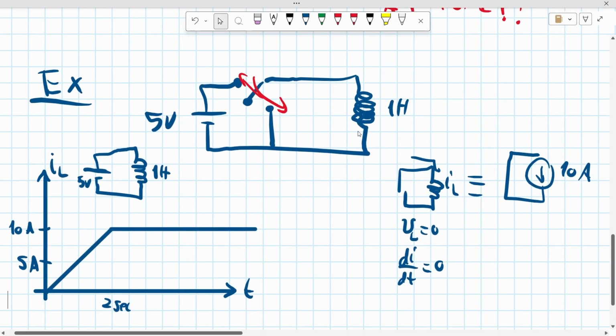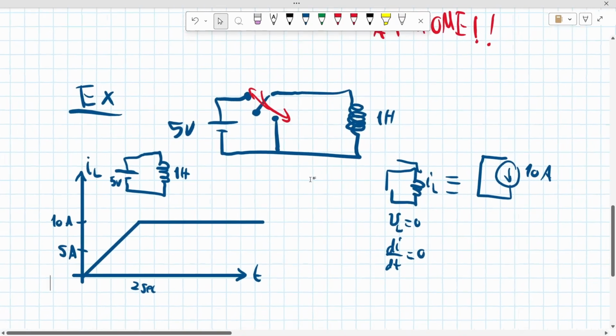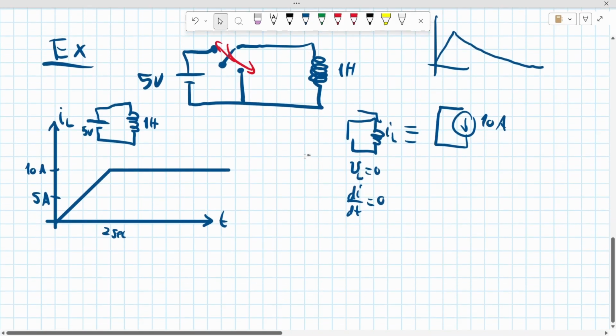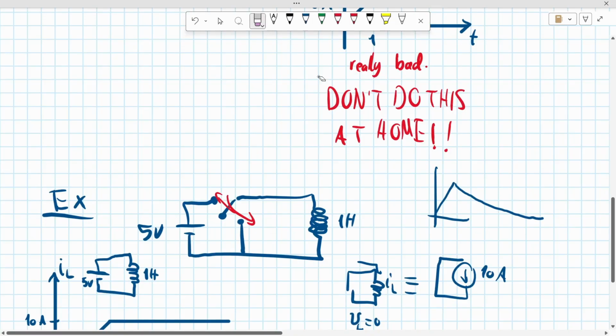So there is no resistance in this way, so the inductor current will be kept constant. If there is some resistance, actually it would not be really constant, it would decay like this. But it would decay really, really slow if the resistance is really, really small. So we don't care.